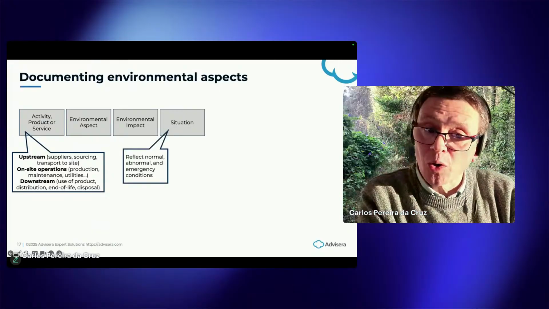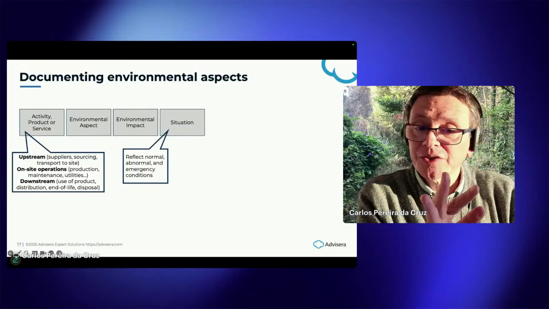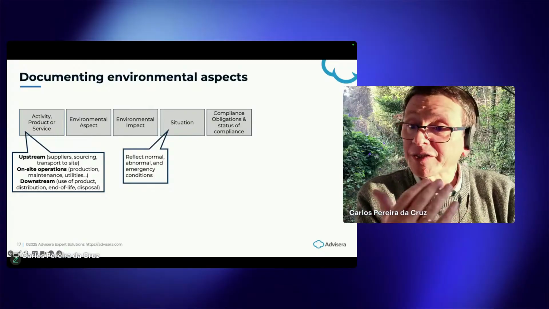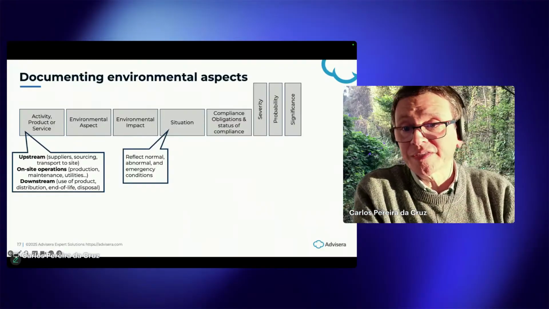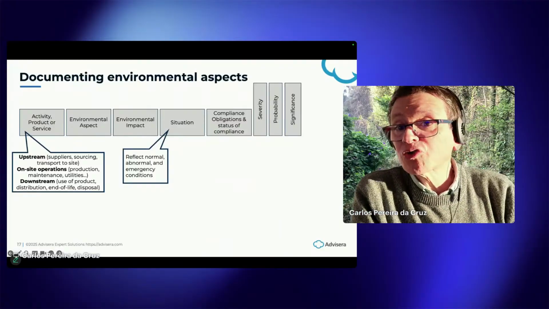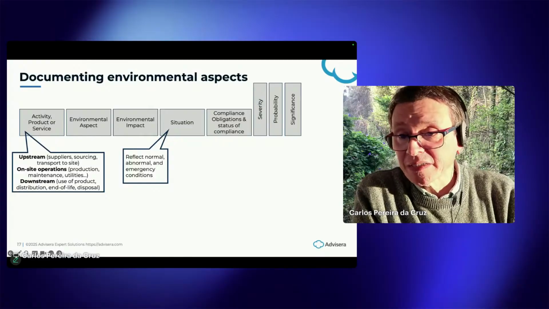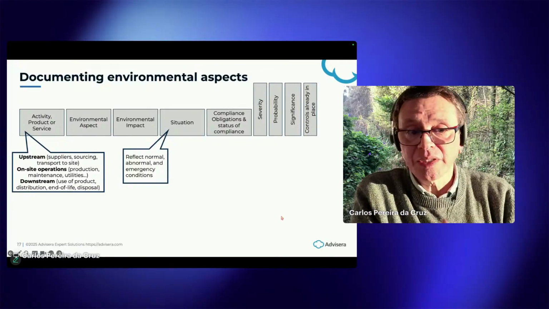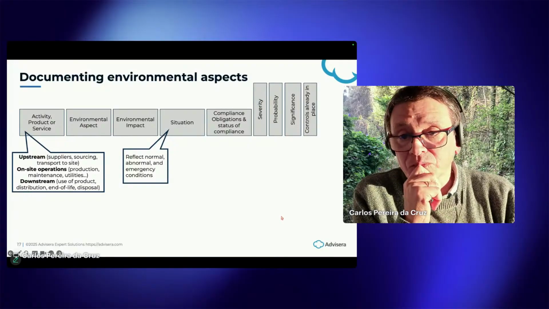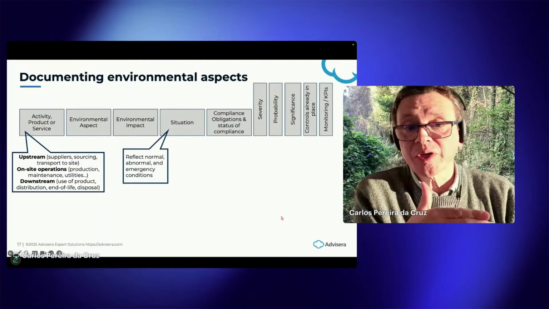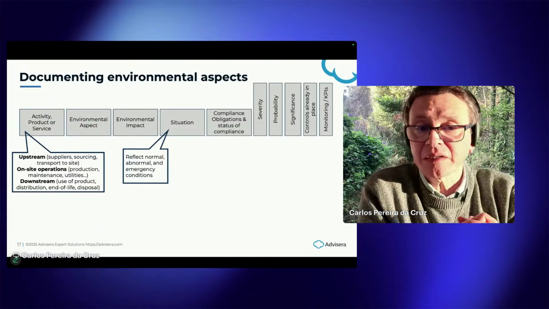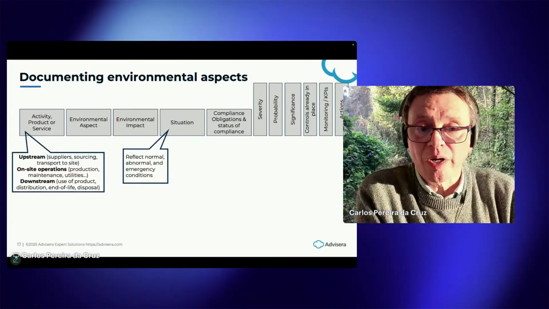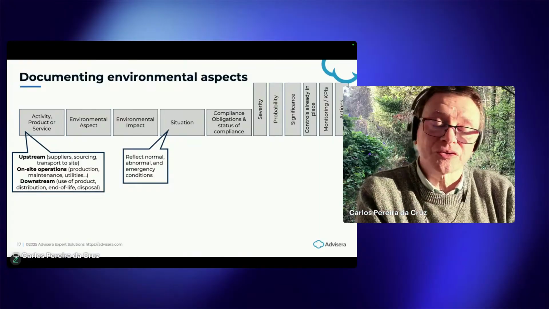reflecting normal, abnormal, and emergency conditions. Then link aspects to legal and other requirements, the criteria used to evaluate significance, the controls already in place, the monitoring of KPIs already existing, and then at the end, what actions are required to reduce significant risks or significant impacts.